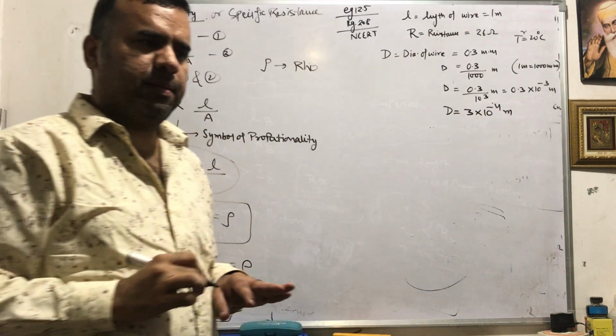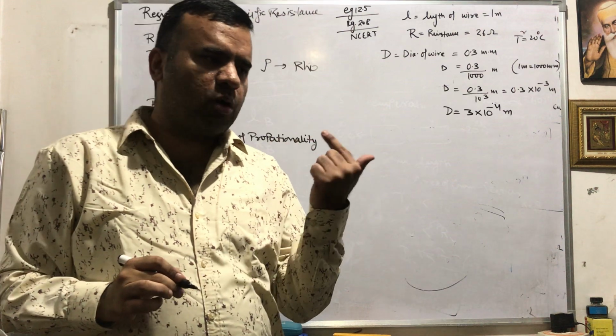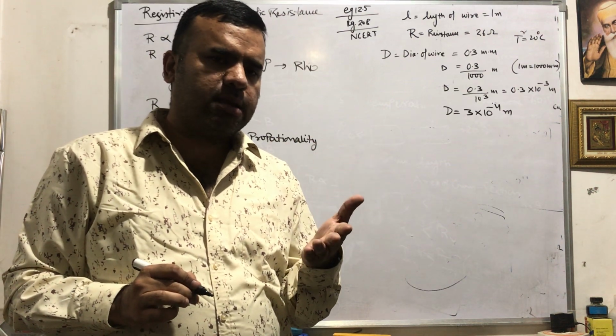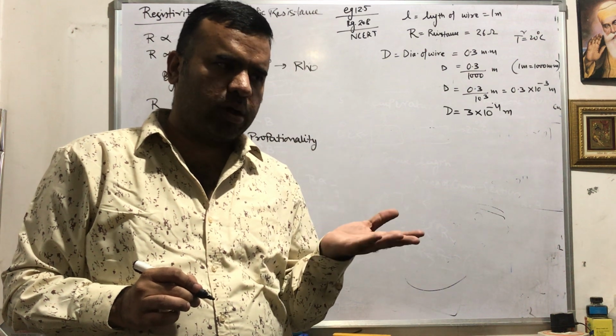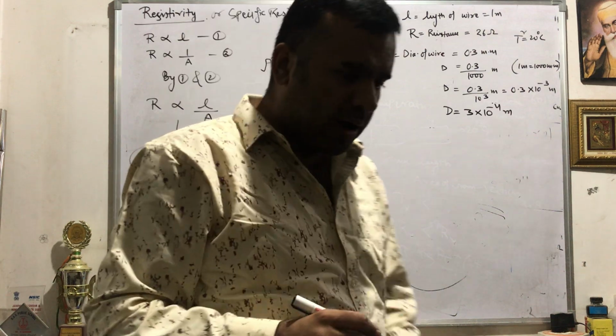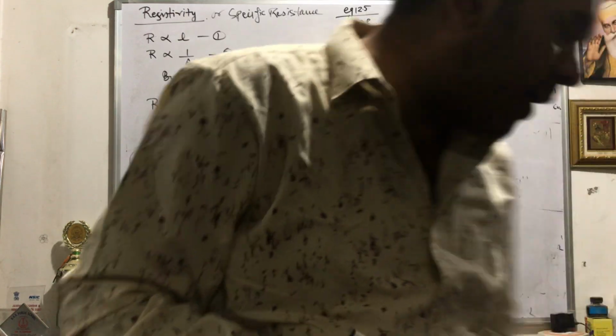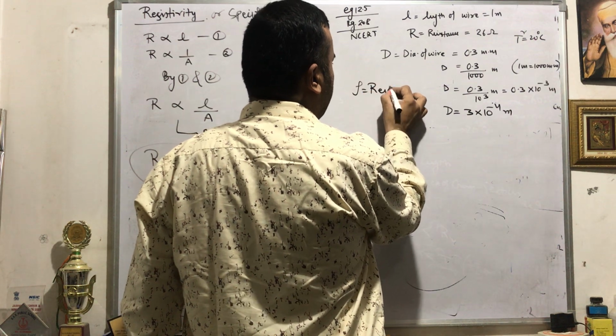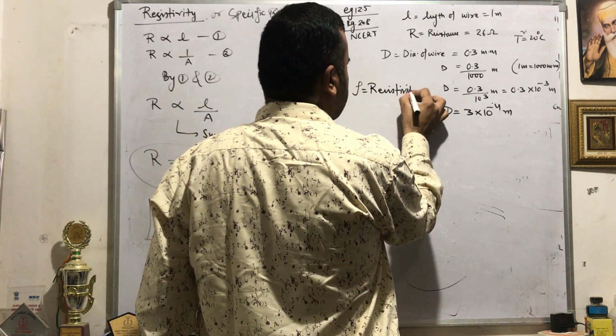You know the wire is circular at the ends and the area of a circle is pi r square. We have to calculate area first, because what we have to find out in this question is resistivity, that is rho. Resistivity, other name specific resistance.